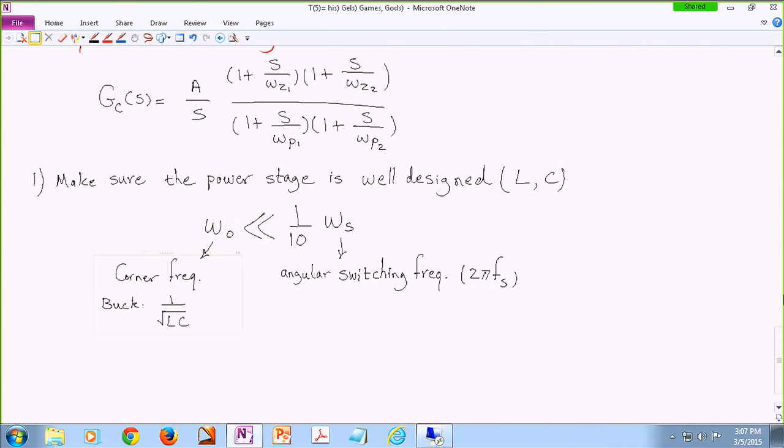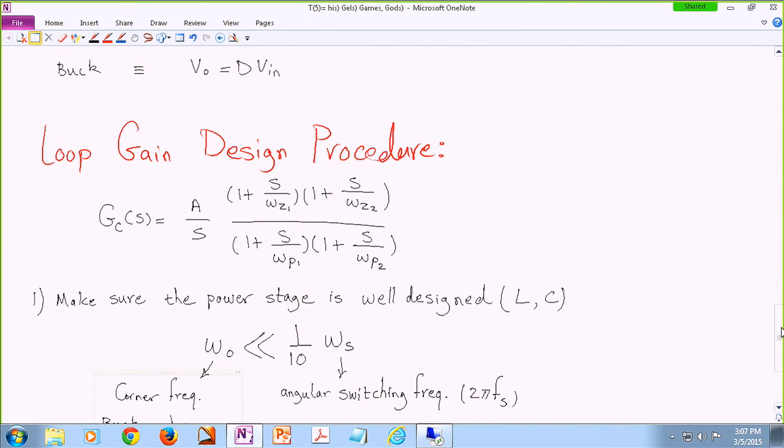By the way, if you plot the Bode plot for this compensation network, I have this integration block first, so I have a slope of negative 20 dB per decade. Then I hit omega Z1, so it gets flat. Then I hit another zero. Usually the zeros are low frequency zeros.